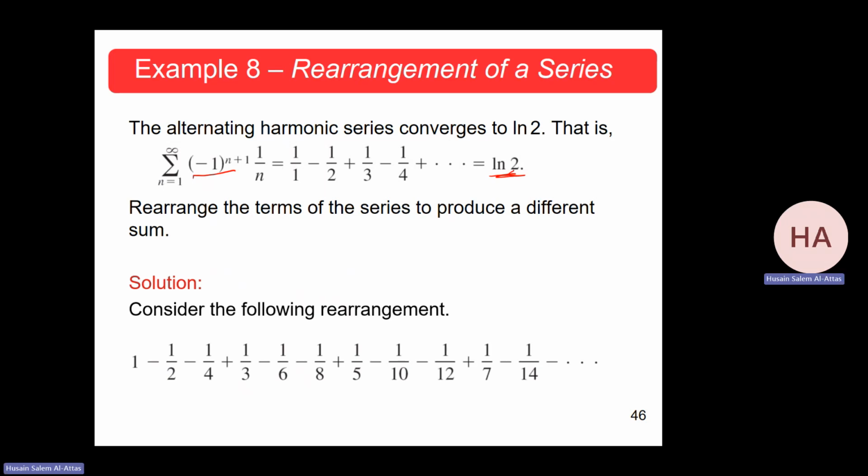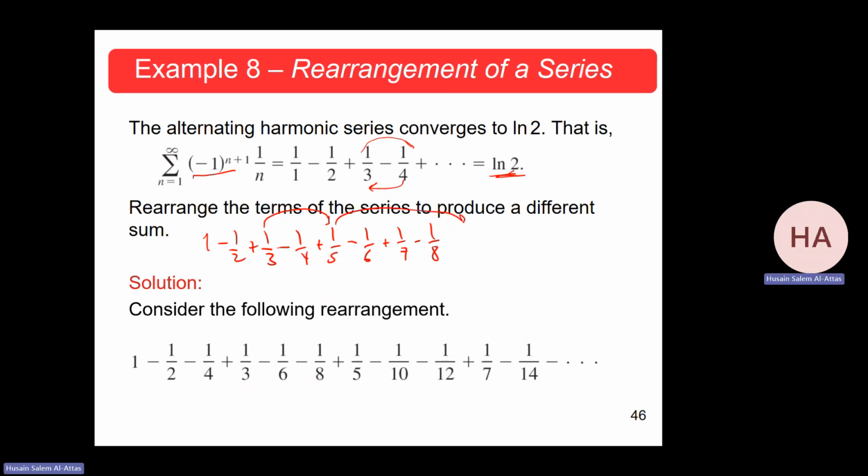So if I rearrange it, I put this there, and also I do the same, you have 1 minus half. What you will do, I'll take this here, I'll take this later with 1 over 10, and so on.